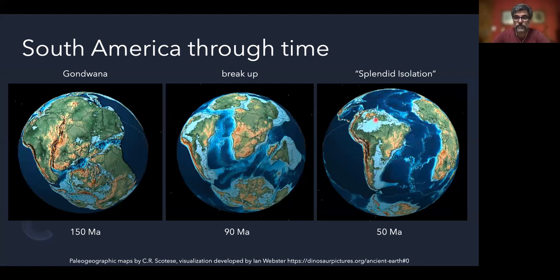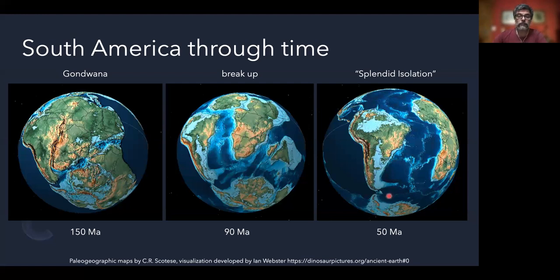Okay, so for a long time, South America was an island. And on this island, a lot of species evolved and became unique. There are many species that you can find only here in South America because of this isolation during many tens of millions of years.